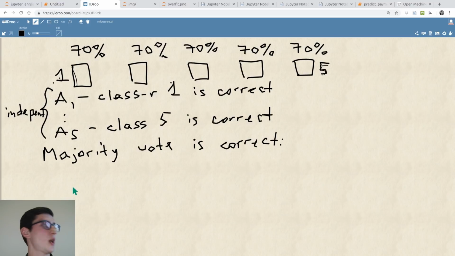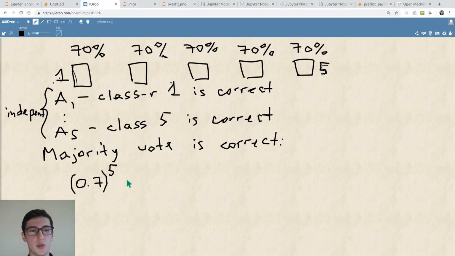Okay, so we'll have actually 3 cases. Let's assume that according to cross-validation accuracy, 0.7 will be the probability that each classifier predicts a correct label for some test object. So in one case all 5 classifiers are correct, and this probability will be 0.7 to the power of 5, assuming that classifiers are independent. In this case, of course, the majority vote is going to be correct.